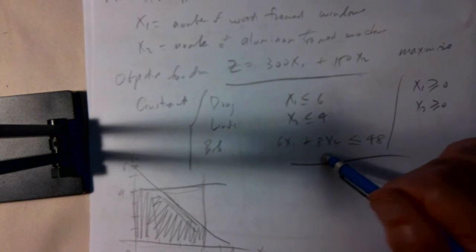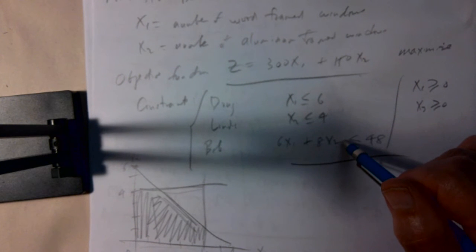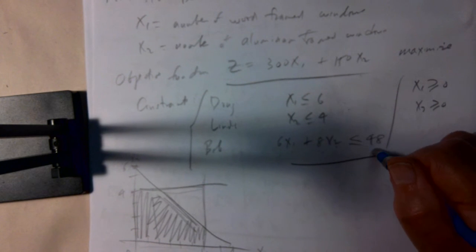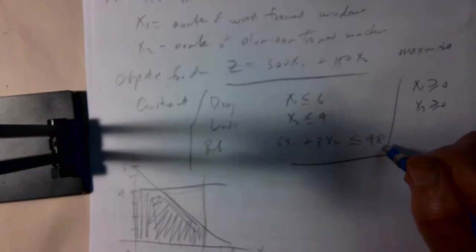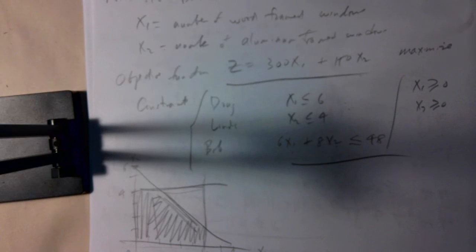So the sum is how much glass you're going to use altogether, but you're told you can't use more than 48 square feet of glass a day. So this has to be at most 48. But it really comes from just reading the problem, maybe many times, to learn what to do. And a lot of this just comes from practice and experience and just working at it for a while.